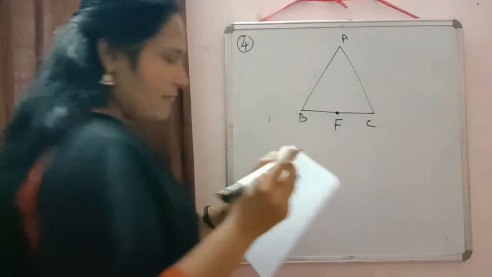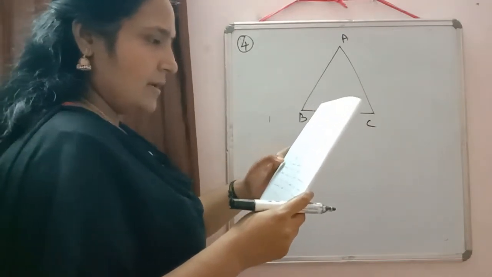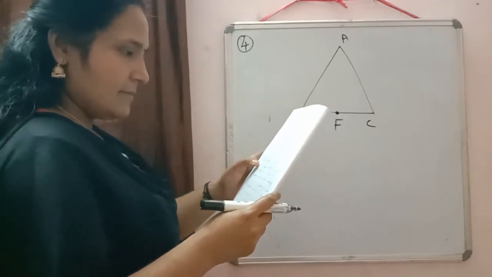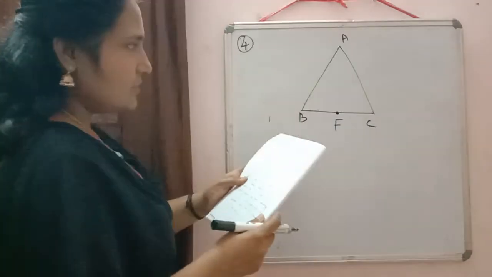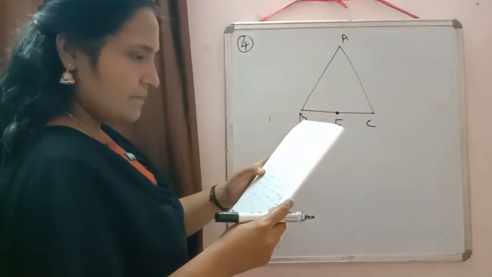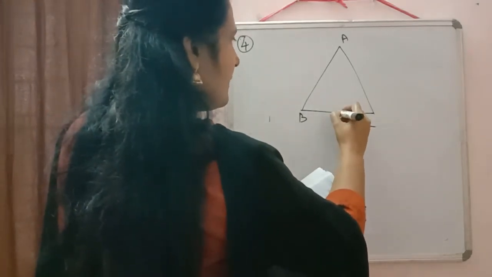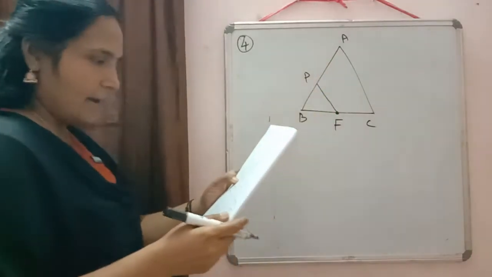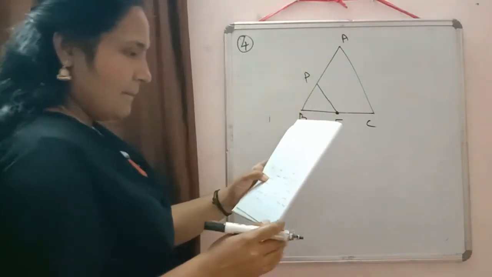So we have F, a point on BC. FP is drawn parallel to CA, meeting AB in P.